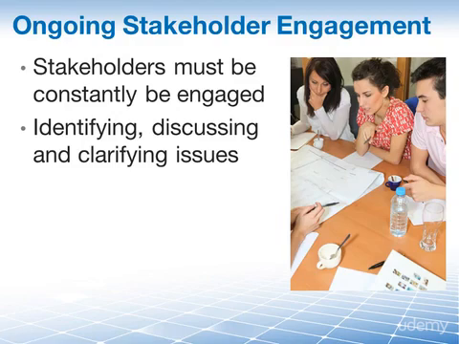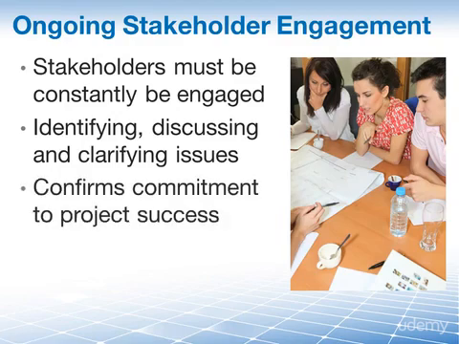The main objective of performing ongoing stakeholder engagement is to engage stakeholders at appropriate project stages to confirm their continued commitment to the success of the project. This is accomplished by the project manager through the use of techniques such as being proactive and of tools such as effective communication, negotiation, and conflict resolution.